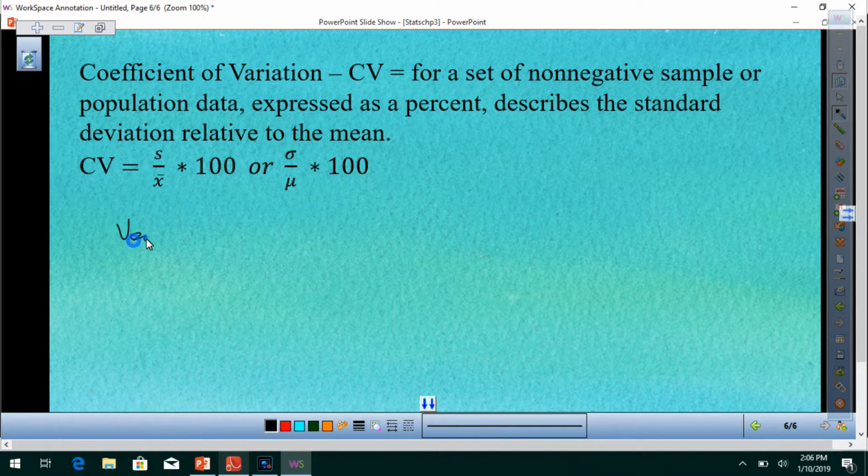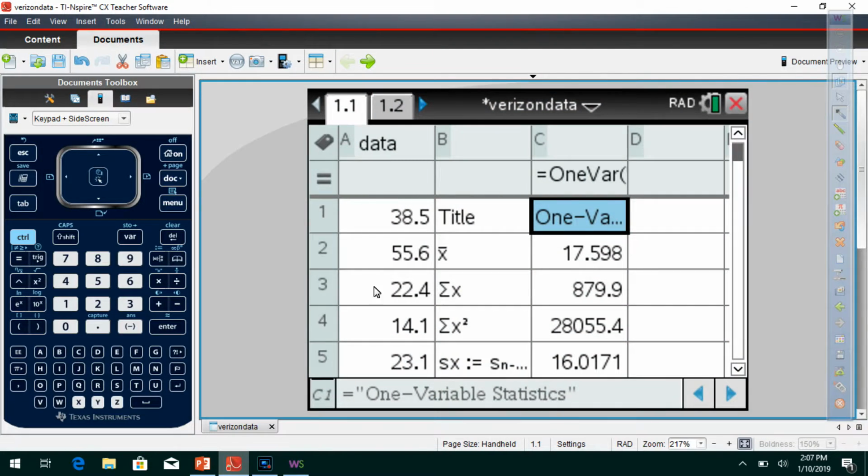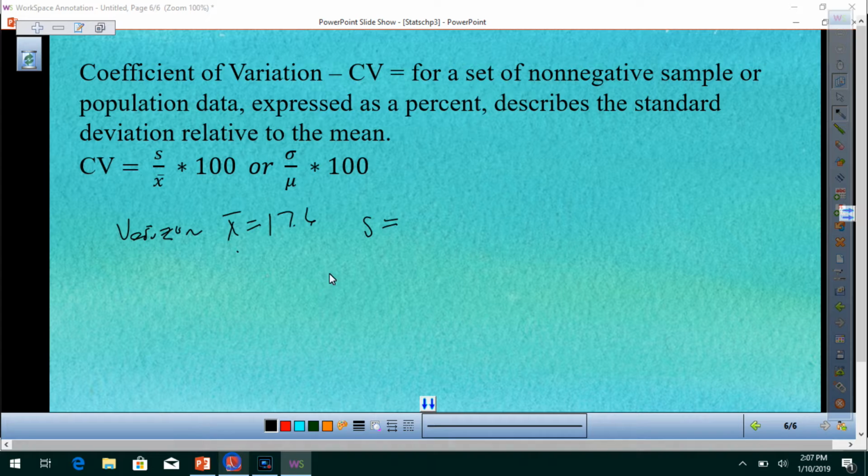So for Verizon, X bar is 17.6, and S is, well, let's go find it. Isn't this much easier? So S is 16.02.